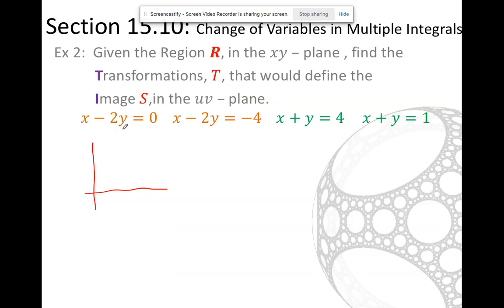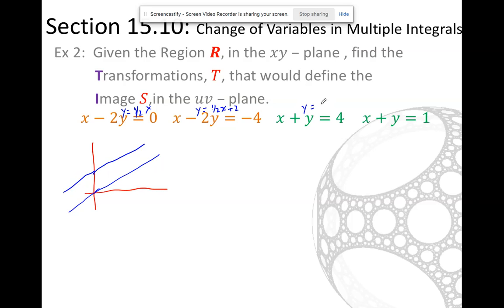This equation is actually, right, if you get y by itself, y is equal to 1/2 x. This equation is parallel. The slope is 1/2, but with a y-intercept of 2. And then what about these equations?